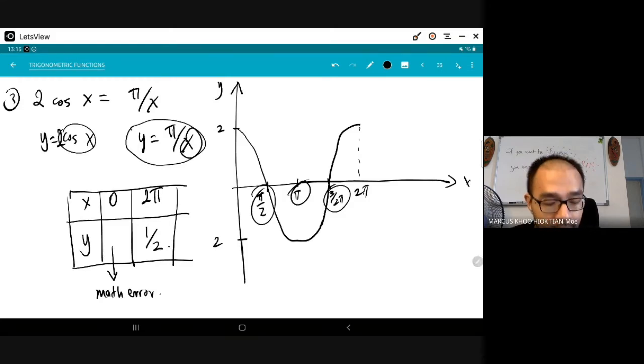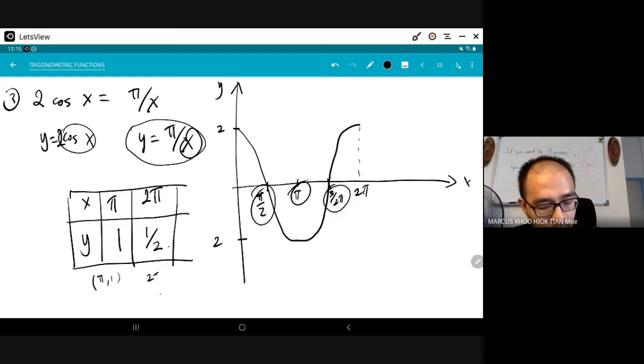So I suggest if you cannot use 0, the next best thing is to use pi. Okay, so if x equals to pi, what is my value of y now? Okay, you will get y equals to 1. Okay, so our coordinate is pi and 1, and then 2 pi and half.